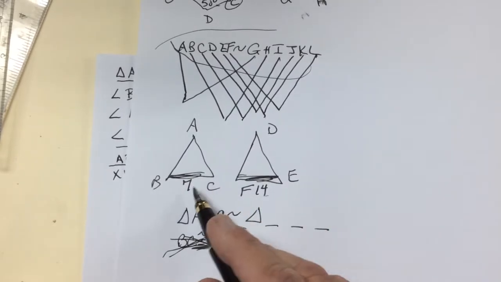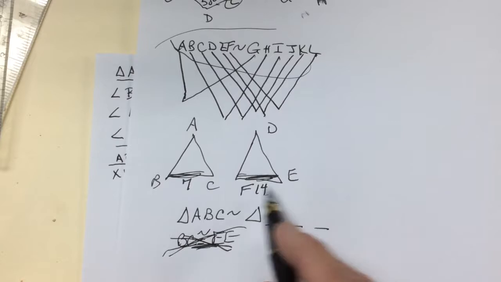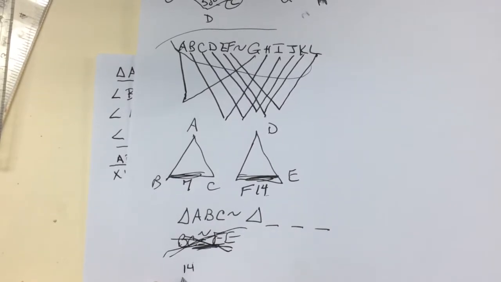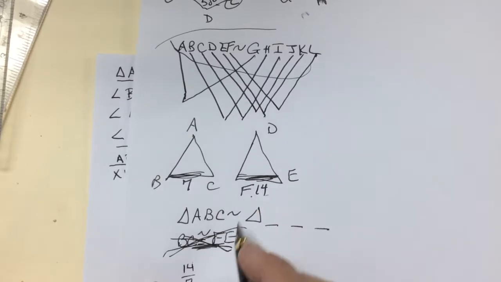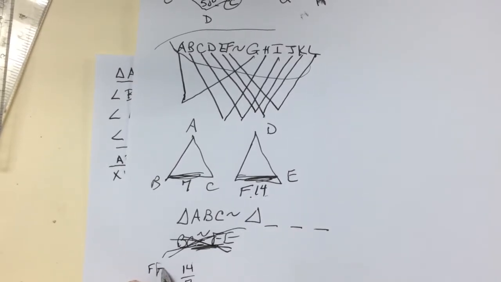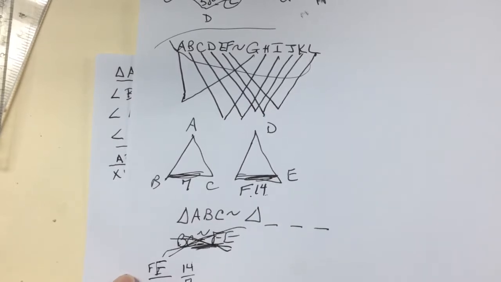Why is it significant that BC and FE go together? Well, it's because 14 over 7, this over this, FE over BC, is equal to that.